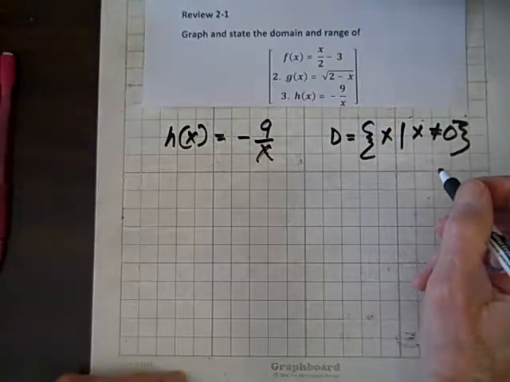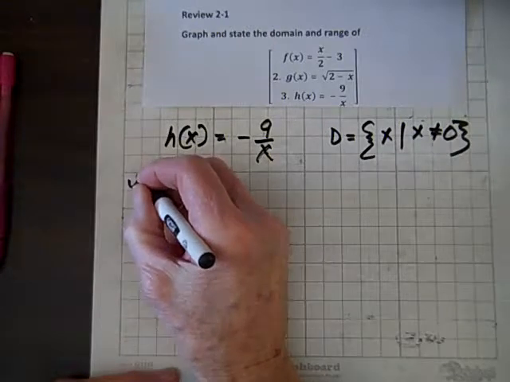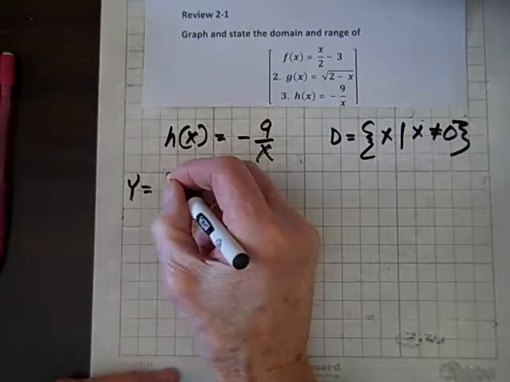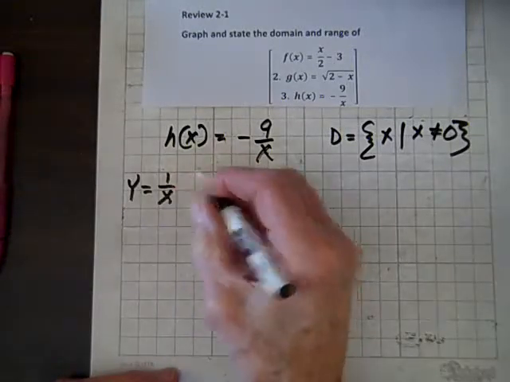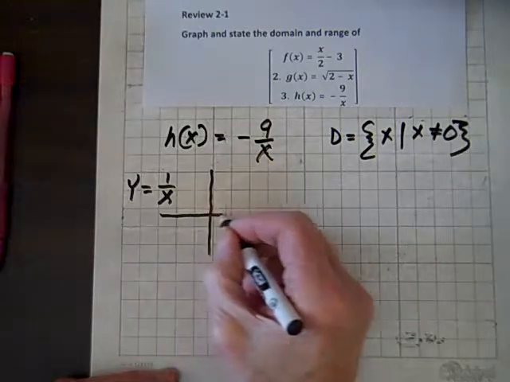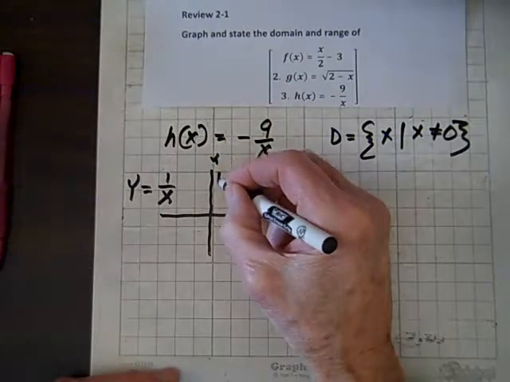Also, anytime you have a graph of the form y equals 1 over x, or a over x, but let's just deal with 1 over x, here's the general shape. Please memorize this. It makes your life so much easier. That's what it looks like.